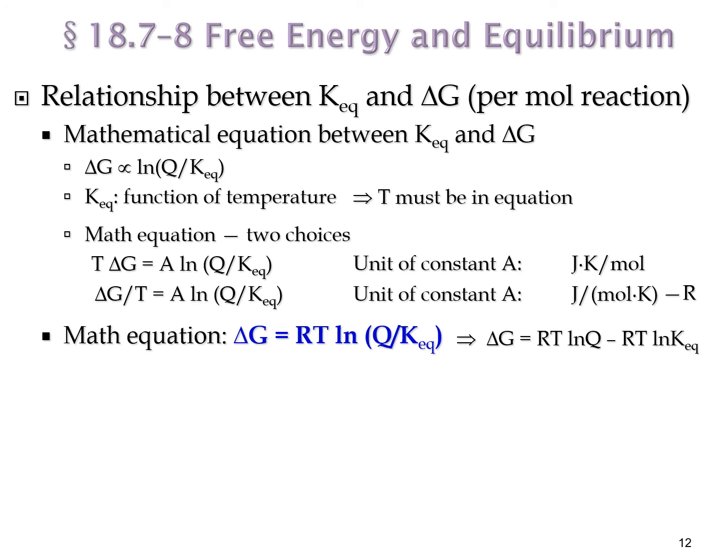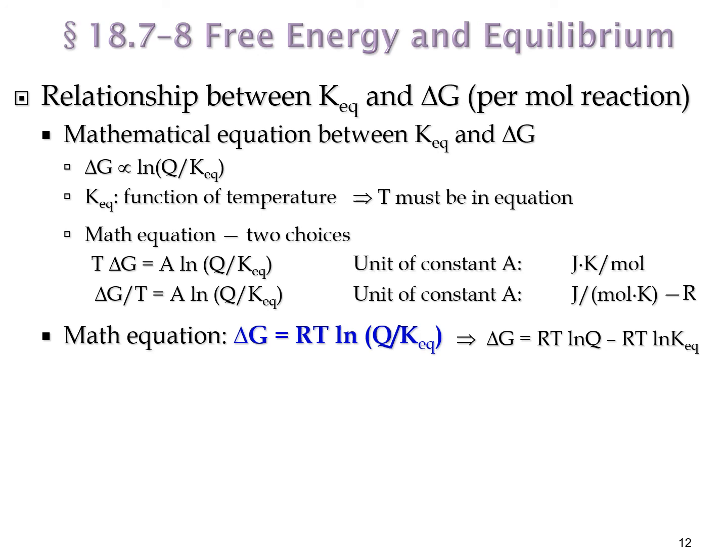So four pieces of information all combined in that equation. And of course, according to the math here, log of a division equals the subtraction of the logs. So we separate them out. So we have delta G equals RT log of Q minus RT log of KEQ.